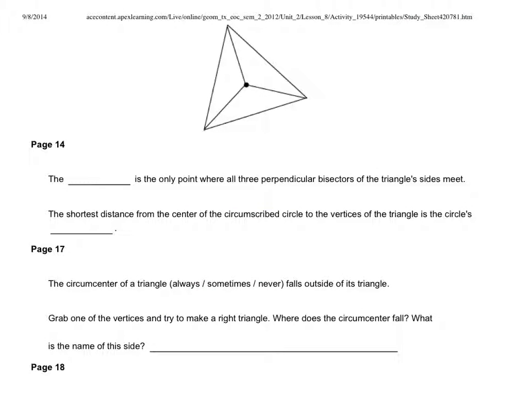So the circumcenter is the only point where all three perpendicular bisectors meet, and the shortest distance from the center of the circumscribed circle to the vertices of the triangle is the circle's radius. So again, here's my circumcenter, that's this point.